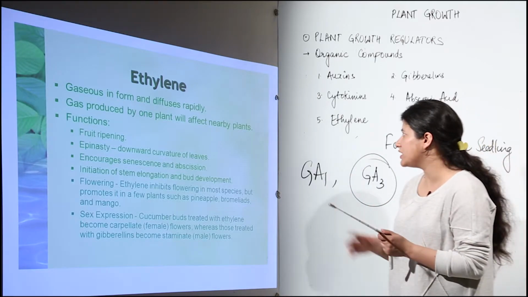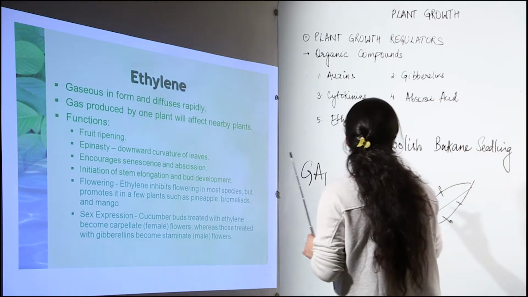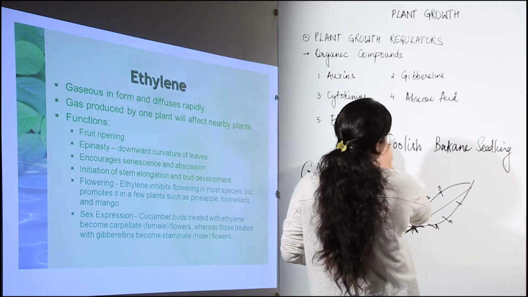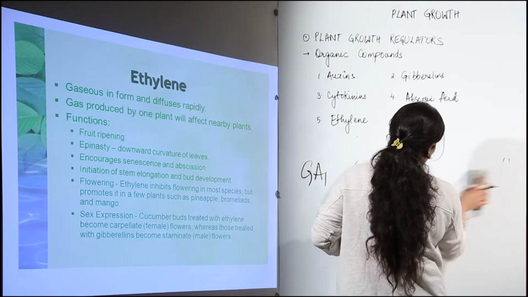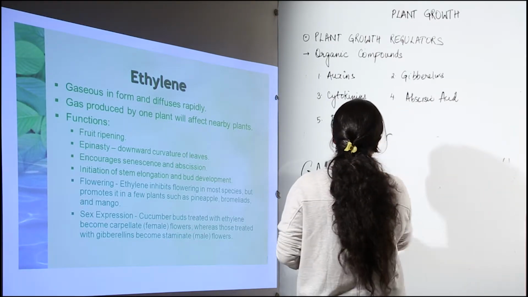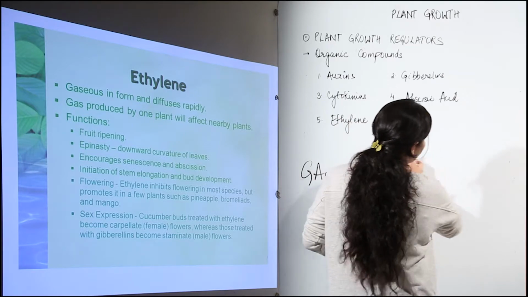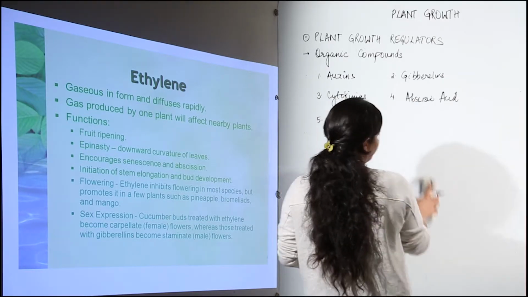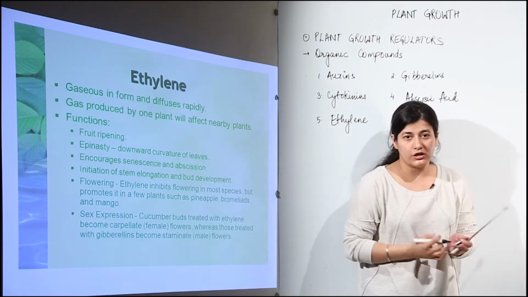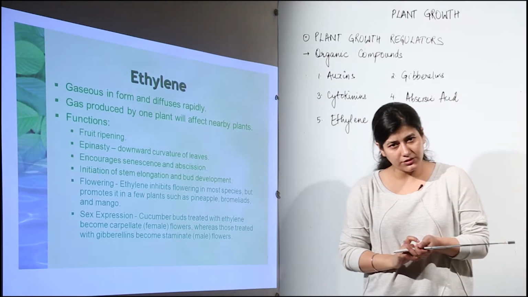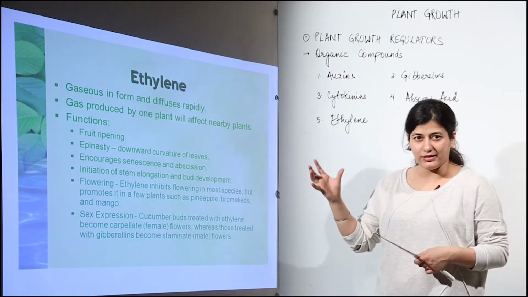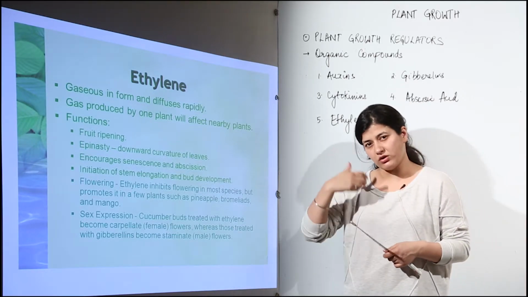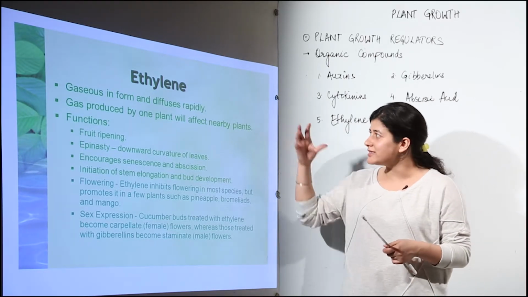Ethylene, I need not tell you its chemical structure, you must be knowing it. It is a gaseous hormone. You have heard the story where we say that one rotten apple is responsible for rotting of the entire apple lot. That is because of ethylene. That rotten apple which has undergone a lot of ripening would release ethylene.